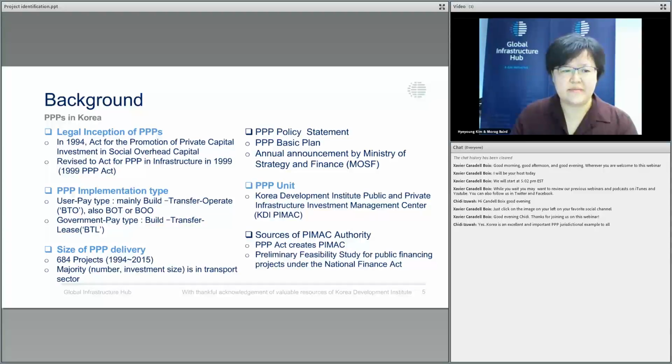The user-paid type is named as BTO or BOT or BOO, and the government-paid type is named as BTL. We have more than 600 projects from 1994 until 2015. The majority of projects are in the transport sector. So today my focus will be on transport sector PPP projects.